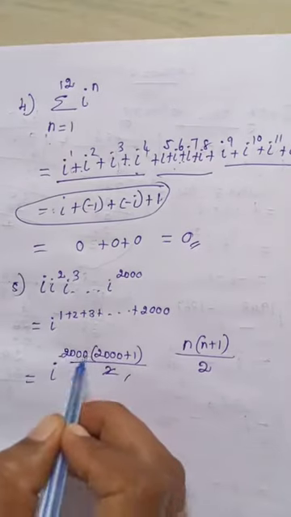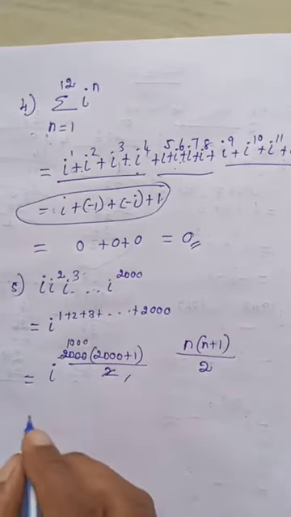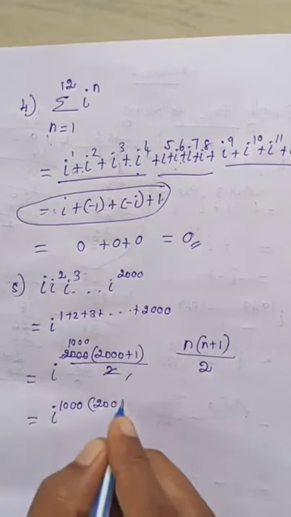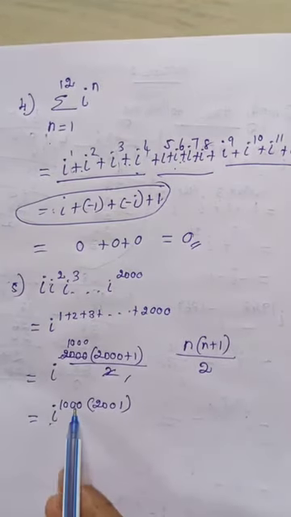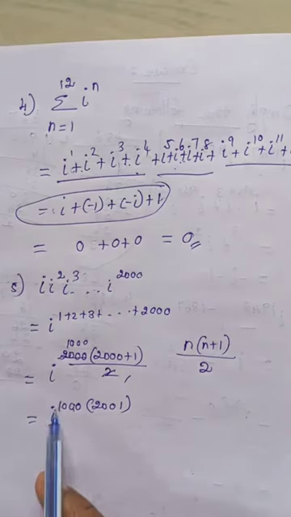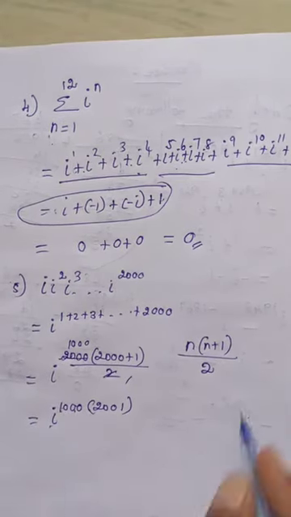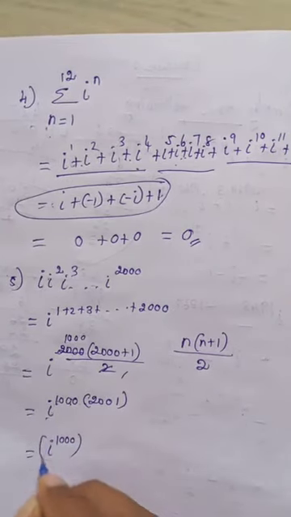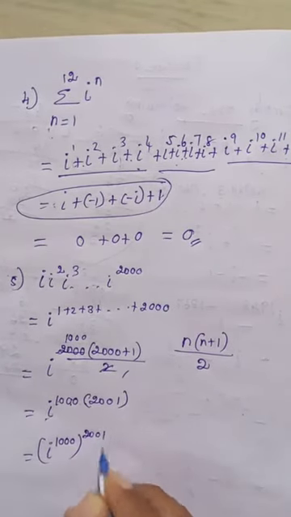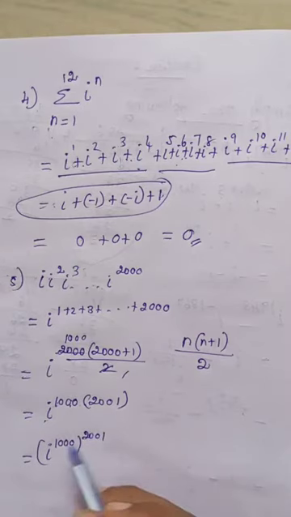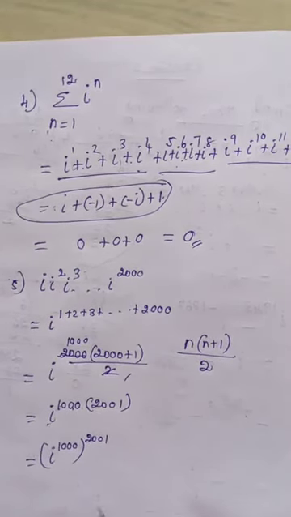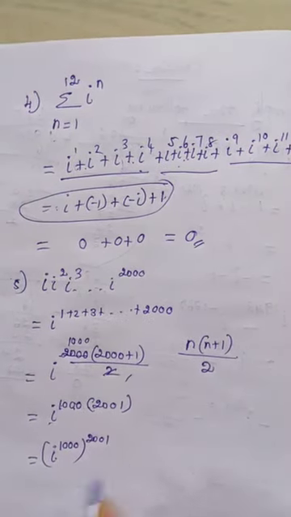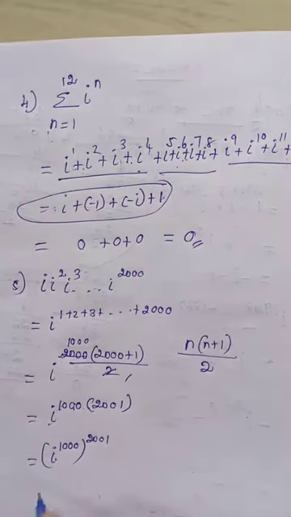This is 1000 into 2001. See, i power 1000 into 2001. We know that 1000 is divisible by 4. So I can write it as i power 1000 the whole power 2001. In order to avoid the multiplication, I have written like this because 1000 is divisible by 4. 250 into 4 is 1000, isn't it?